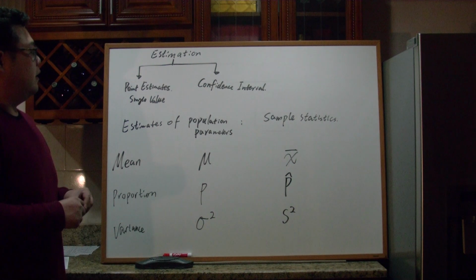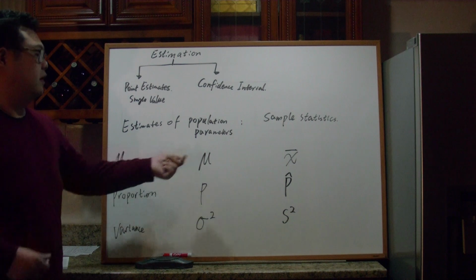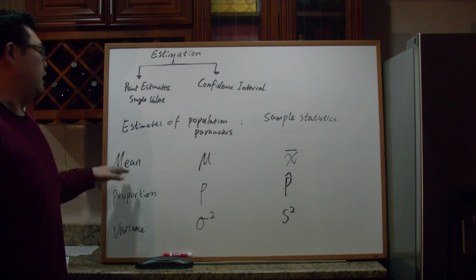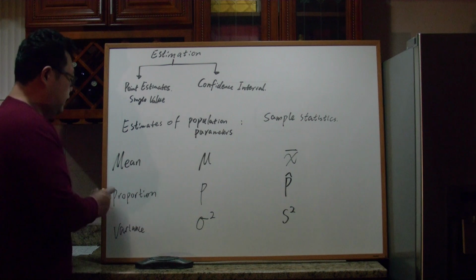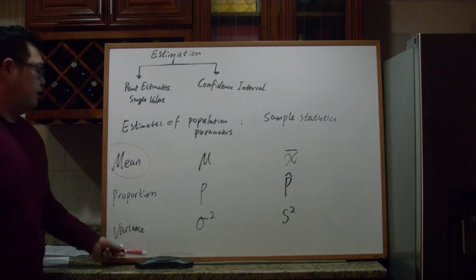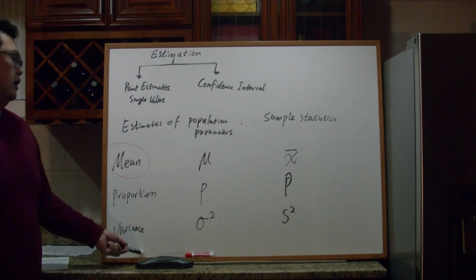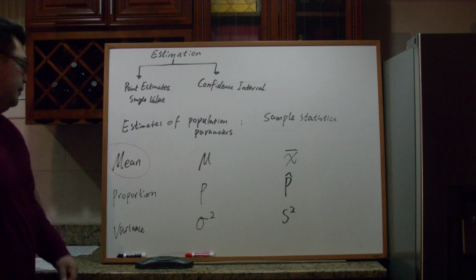And for our course here, we just go into detail on the mean, especially. Right, proportion and variance we will not touch. So we only focus on estimating the population mean.